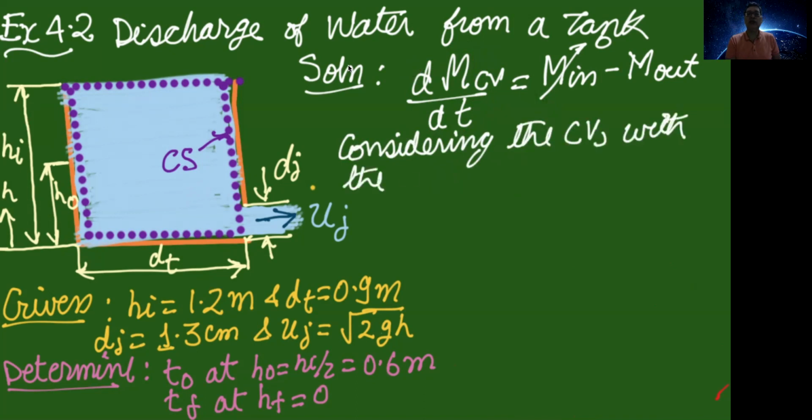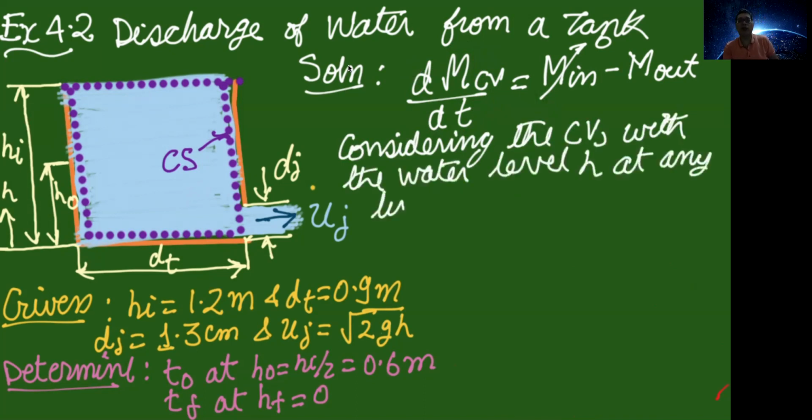So considering the control volume with the water level, in this problem, what we will do is consider any time instant t at which, let us say, the height of the water column is h. So considering the control volume with water level h at any time instant t, as shown through these red lines, this is the free surface at that time instant.